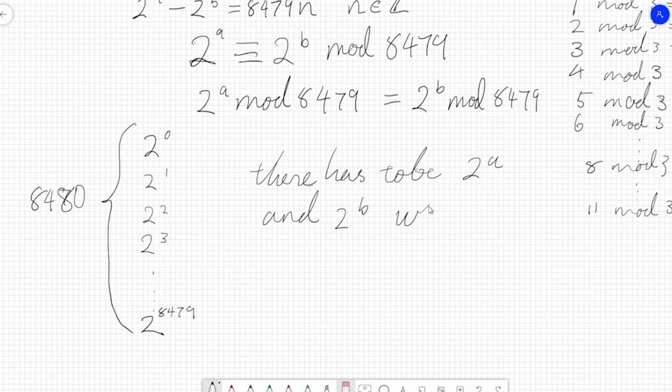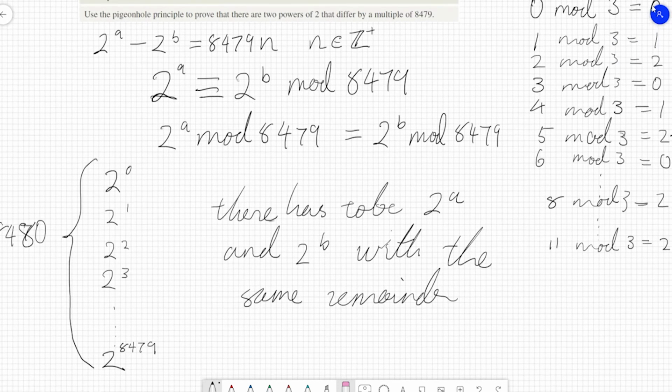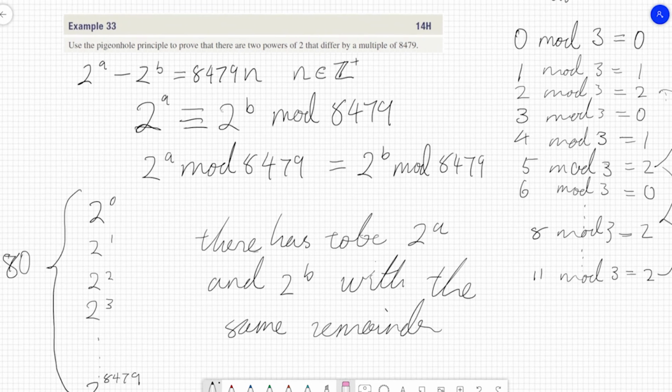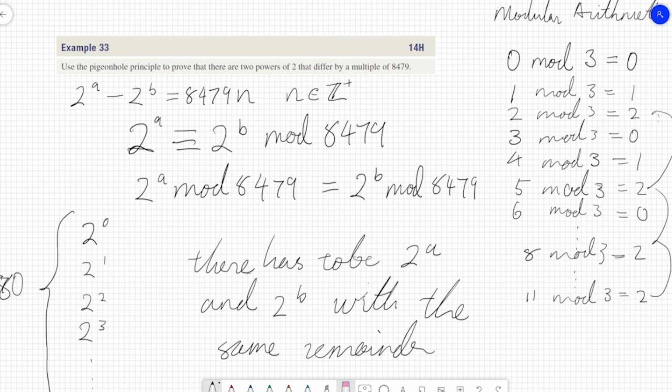Which means if they have the same remainder, the difference is a multiple of 8,479. Because in this case, the modulus is 3, so it ticks over every 3 numbers.